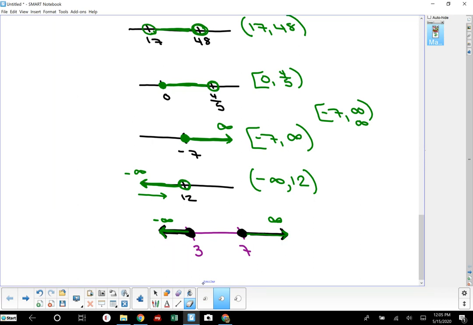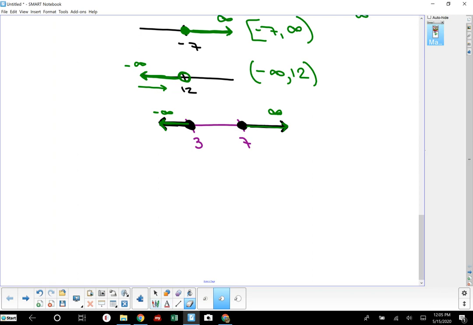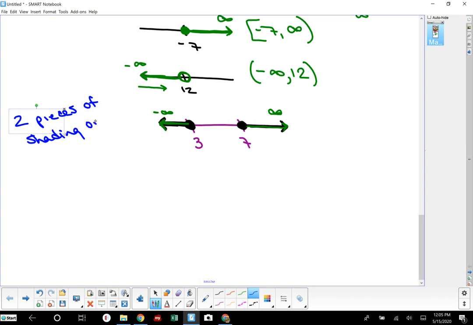All right, so this part's super important. You have, in this problem, 2 pieces of shading on the graph.